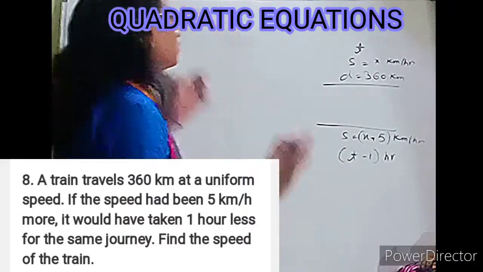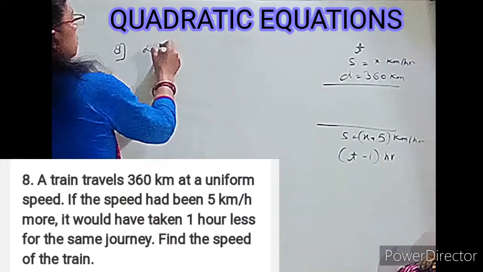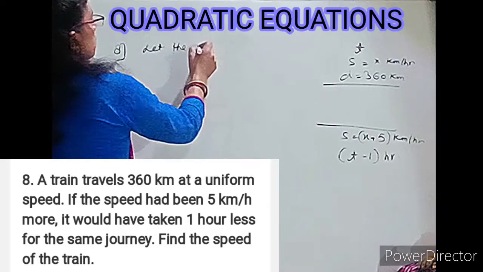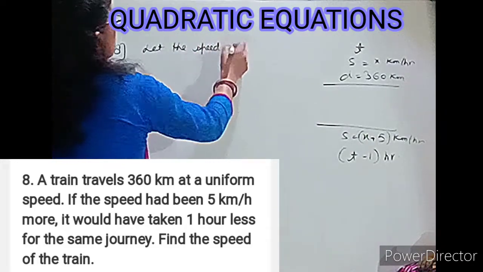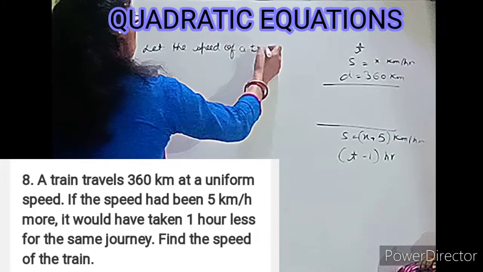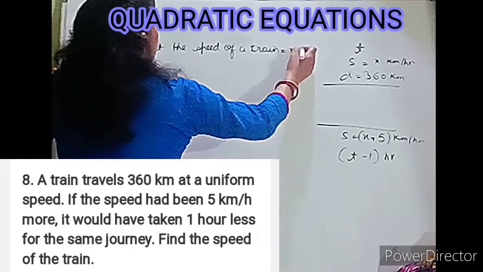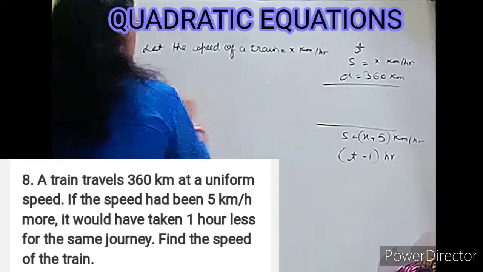Okay, so what we'll get: let the speed of the train equal x kilometers per hour.